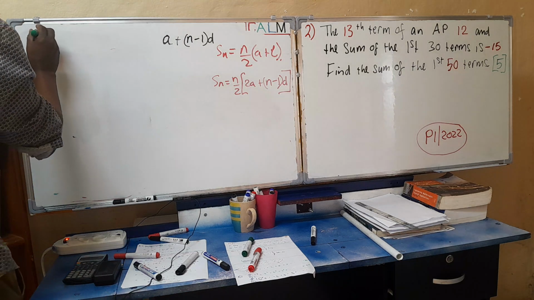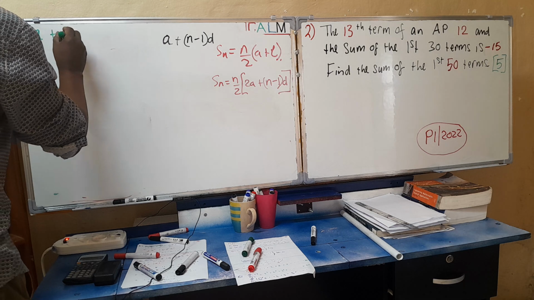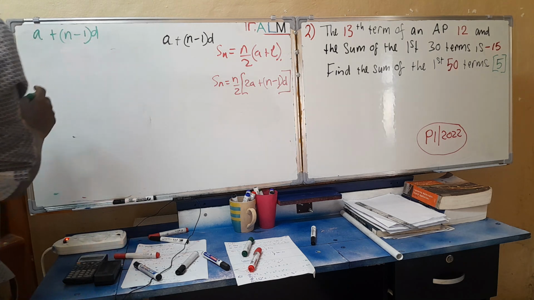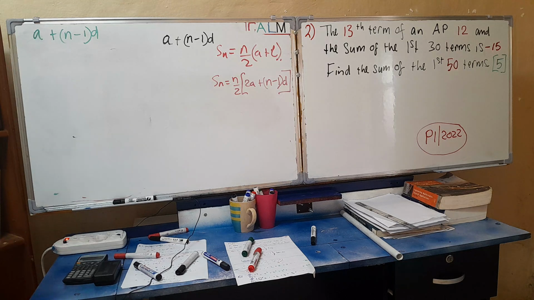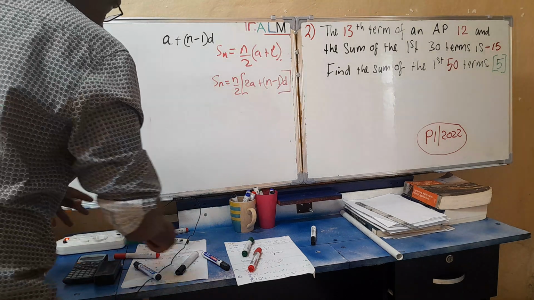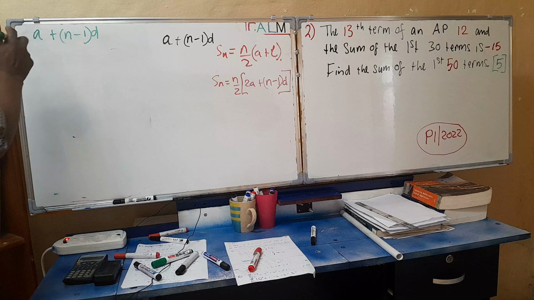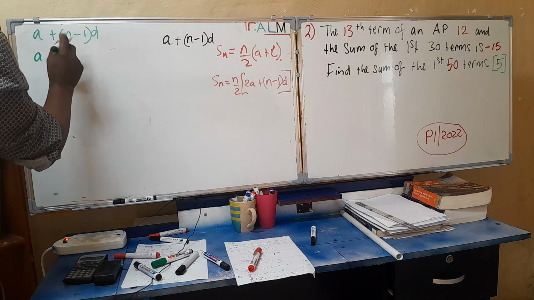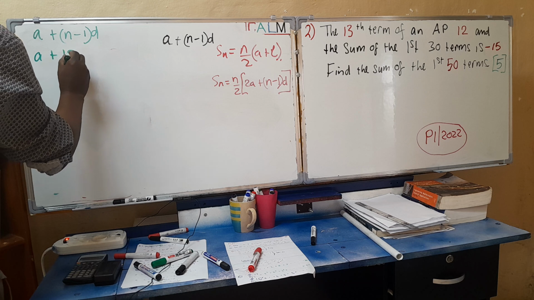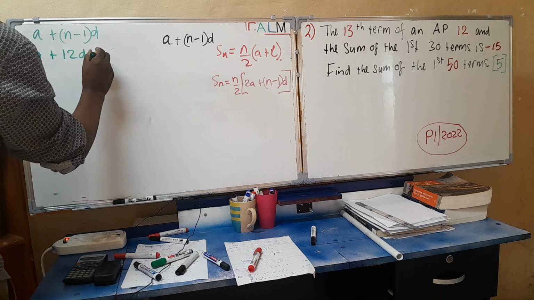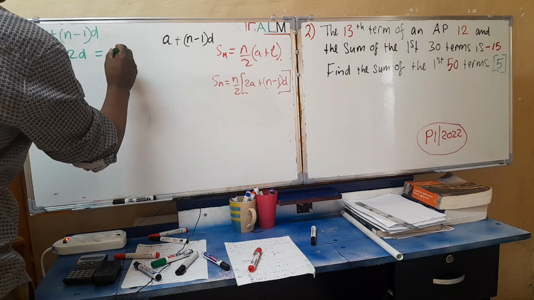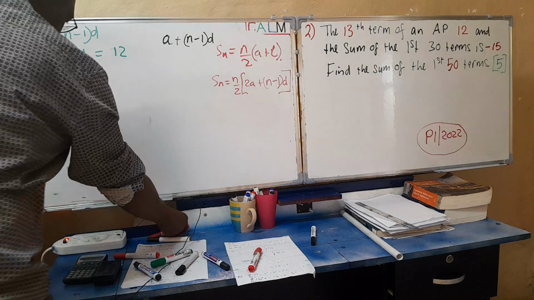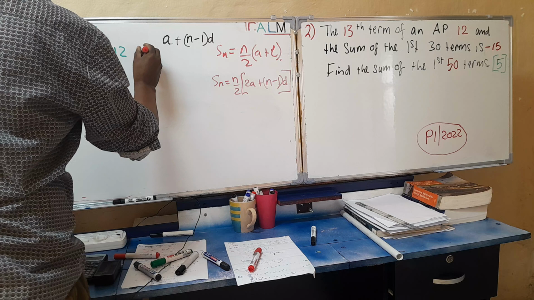It is a plus n minus 1 d, where n is equal to 13. So it is equal to a, we don't know a, plus 13 minus 1, which is 12, d. We are told this is equal to 12. So let's call this equation number 1.